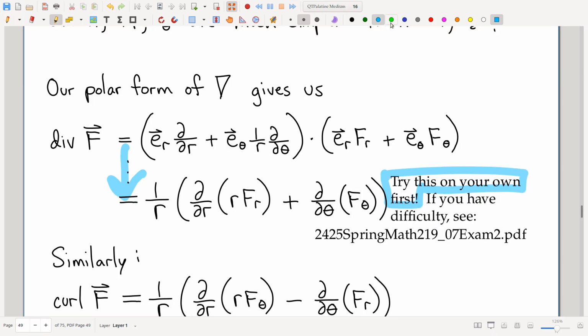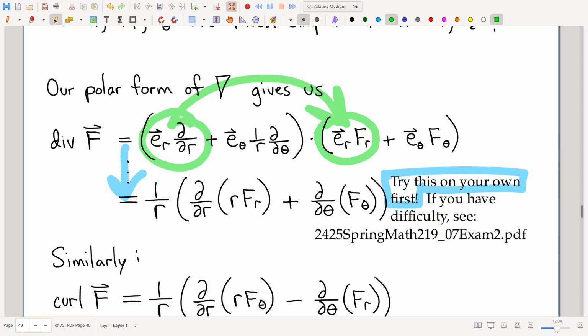So you're going to take this, for example, and apply it to that. Let's just talk through what that means. Well, you're going to take the partial derivative with respect to r of this product. You're going to have to use the product rule. And then you're going to have to, one at a time, think about what is the r partial of ER?